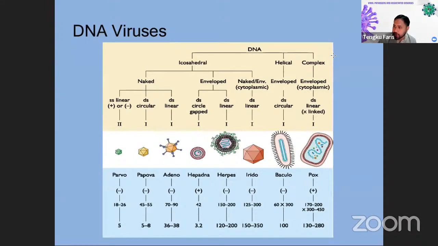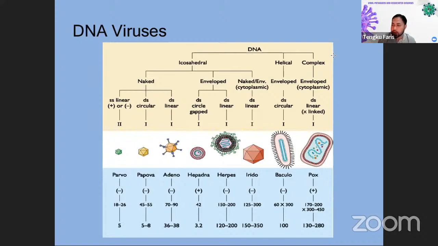In this negative single-stranded linear type, it cannot be directly converted from DNA to RNA, but they need a special mechanism. They need help from other RNA to help them produce the mRNA.